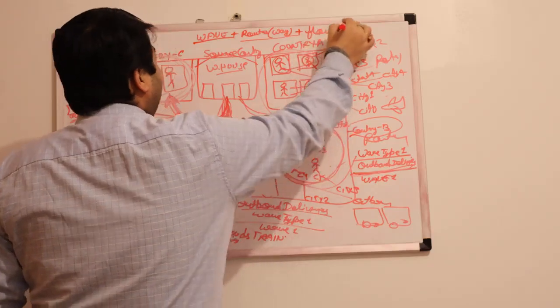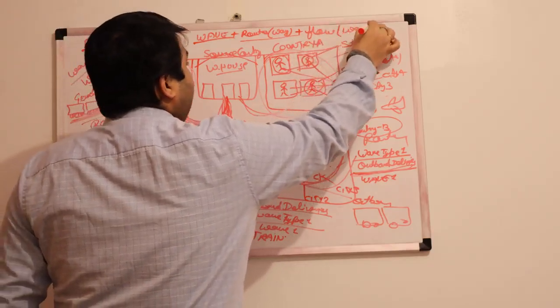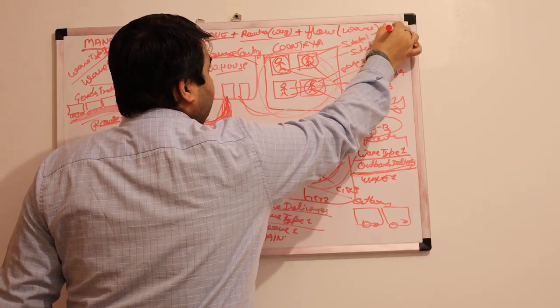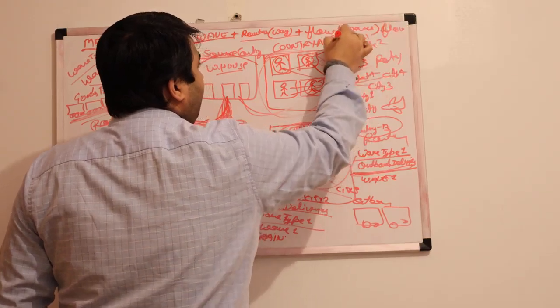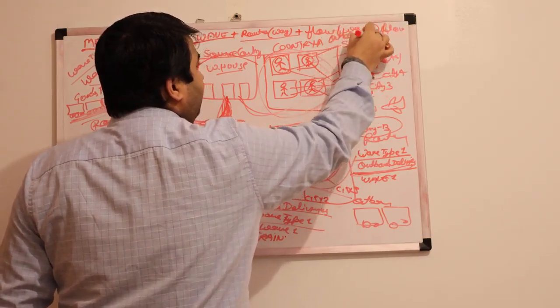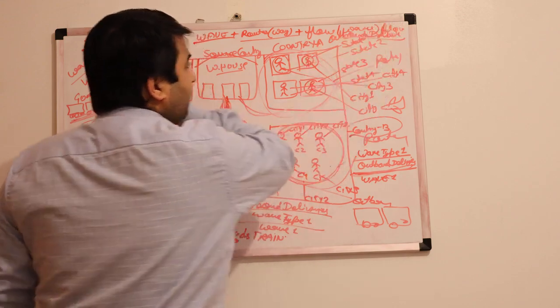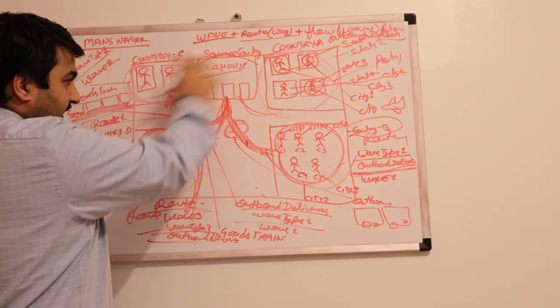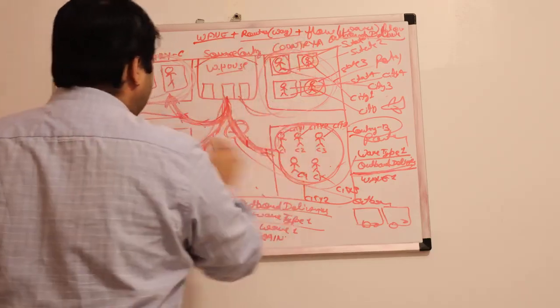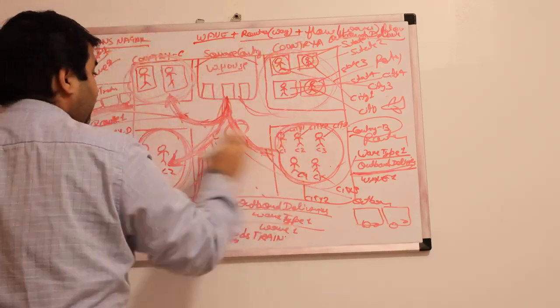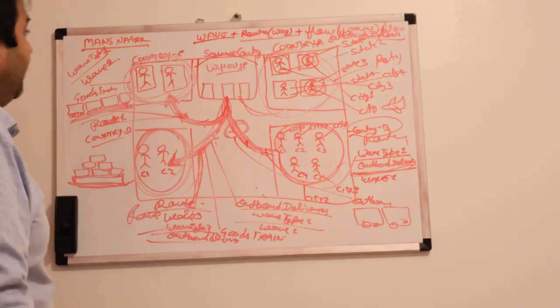Very simple. Flow means wave, wave means flow. Flow of outbound deliveries. Okay, routes, waves. So here we have 1, 2, 3, 4 routes, 1, 2, 3, 4 waves.